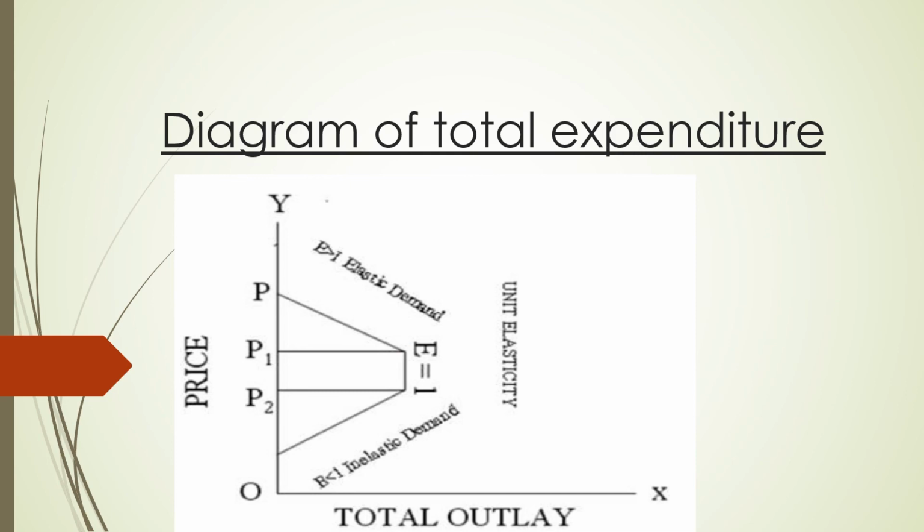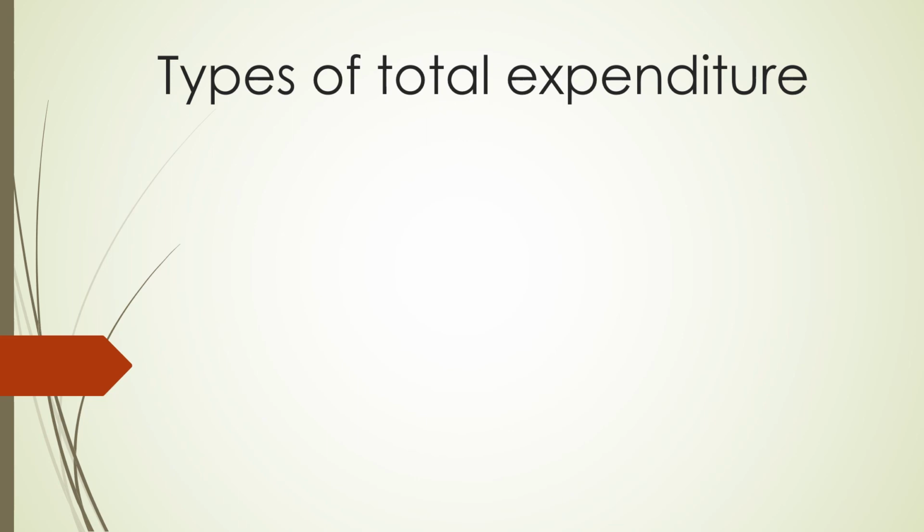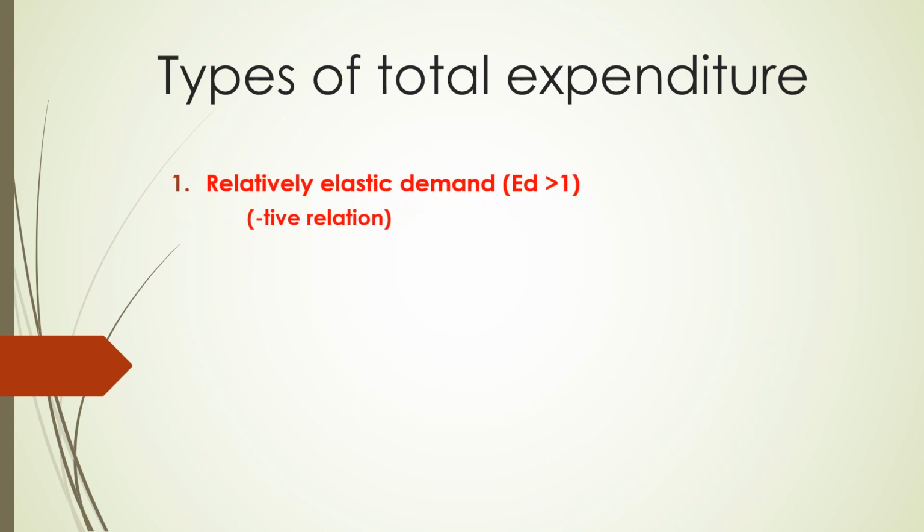So on the basis of the above table and diagram, we have three types of total expenditure. Number one, relatively elastic demand, ED is greater than 1. Here you have a negative relation between price and total expenditure. Number two, you have unitary elastic demand, ED equal to 1.